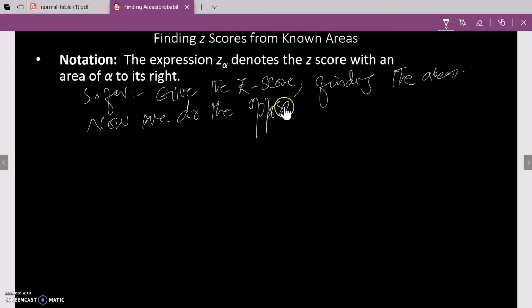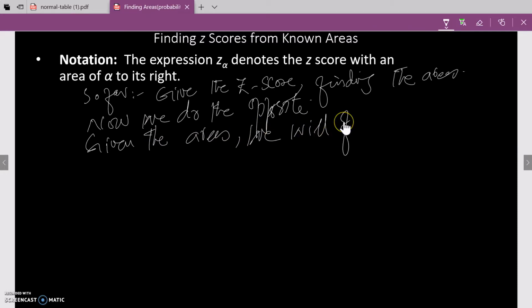It's important that you understand that. And what is the opposite? The opposite, we are given the areas or the probabilities, and we will be finding the z-score. So this is exactly the opposite of what we have been doing so far, right?